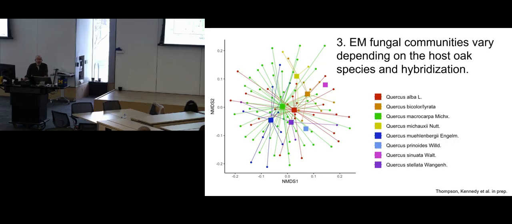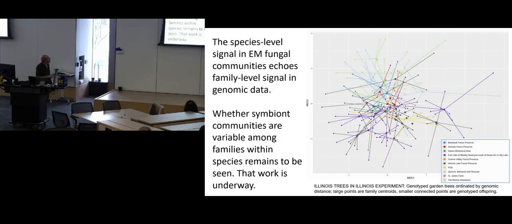Interestingly enough, we've looked at the genetic data for the families, the half-sib families that we planted into the bur oak common garden, and we find a similar pattern of differentiation at the genetic markers that we sampled. Whether or not symbiont communities are variable among families in the same way remains to be seen.